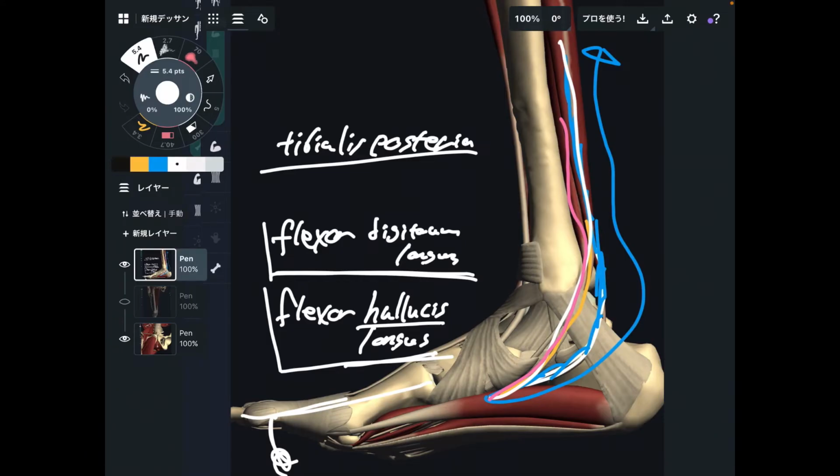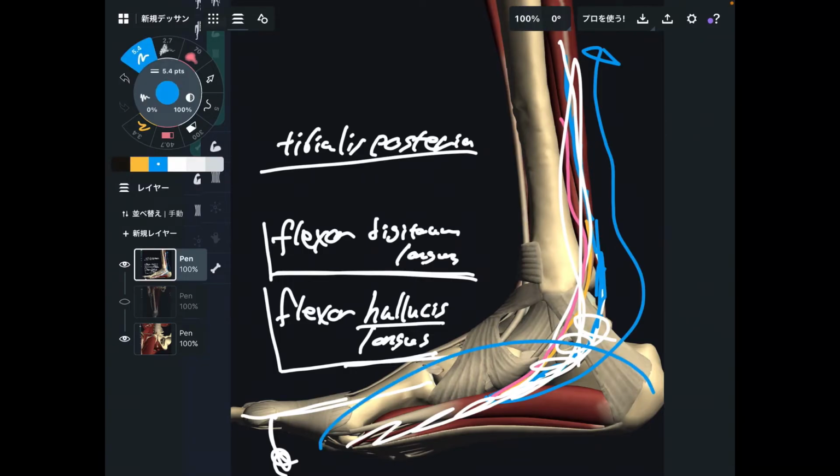Then they are important for foot mechanics. These are very deep muscles. When these muscles get tight, that aggravates foot mechanics, foot movement, ankle movement, and even lower leg movement. Very important for both stability and mobility.